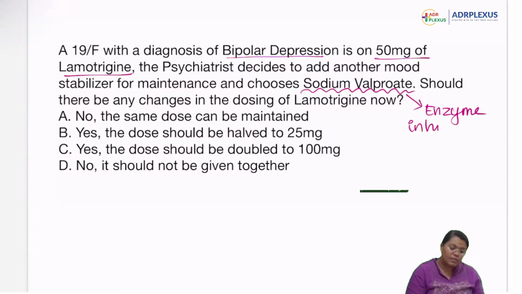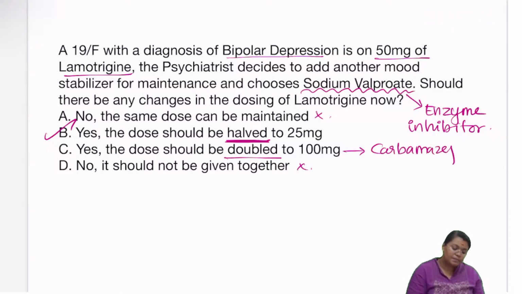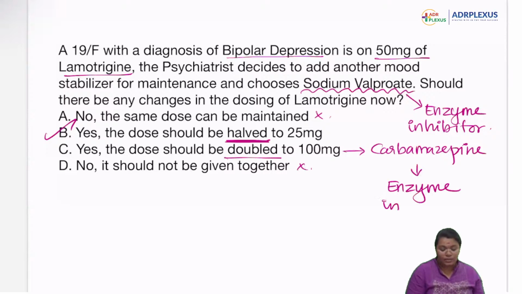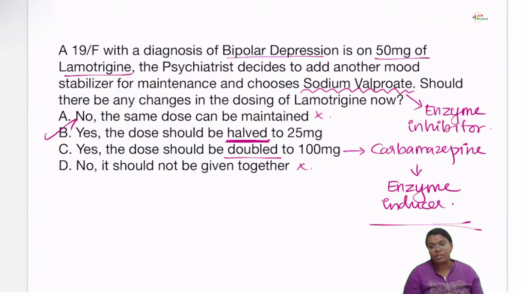When you give something with an enzyme inhibitor, you have to reduce the dose. So the same dose cannot be maintained; it can be given together, but it should be halved. When will it be doubled? When you give it along with carbamazepine, which is an enzyme inducer. So this is an expected question from my side.